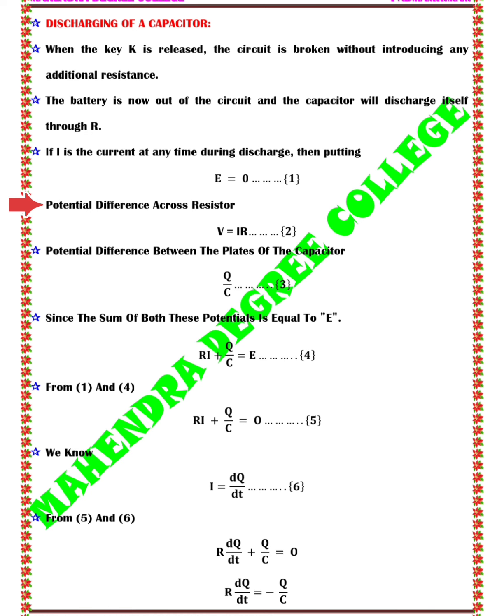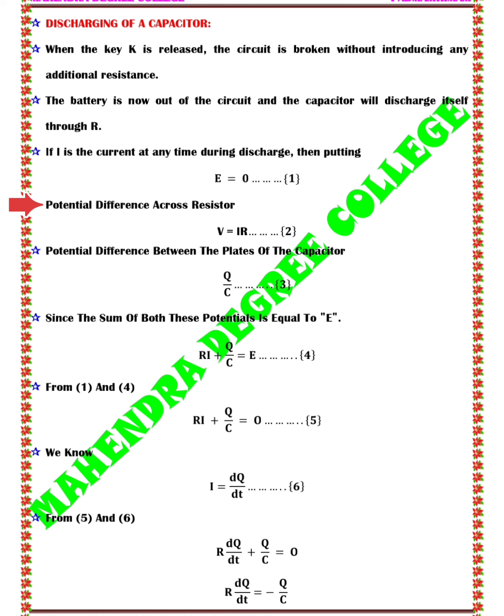It means the potential difference or voltage across a resistor is calculated using the formula V equals IR, where V is the potential difference, I is the current flowing through the resistor, and R is the resistance of the resistor. This formula is a direct application of Ohm's law.